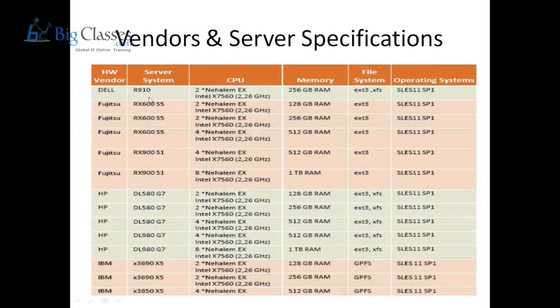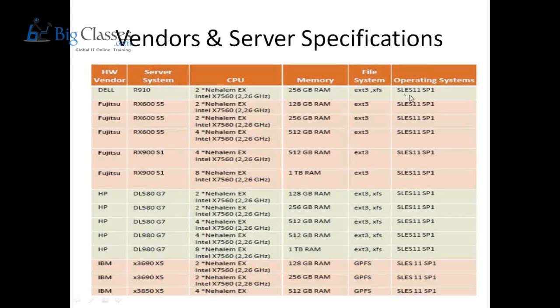And the Dell R910 server has 256 GB RAM and XFS file systems, and it is installed with the SUSE Linux operating system. So if you see SAP HANA, HANA has to be installed on a SUSE Linux server.